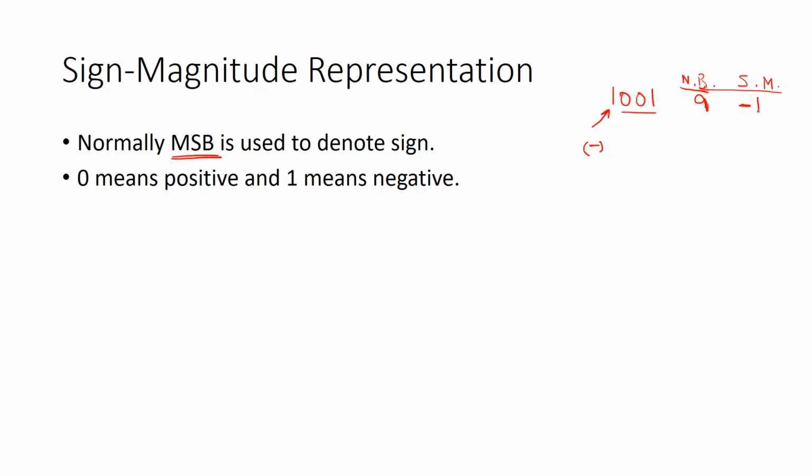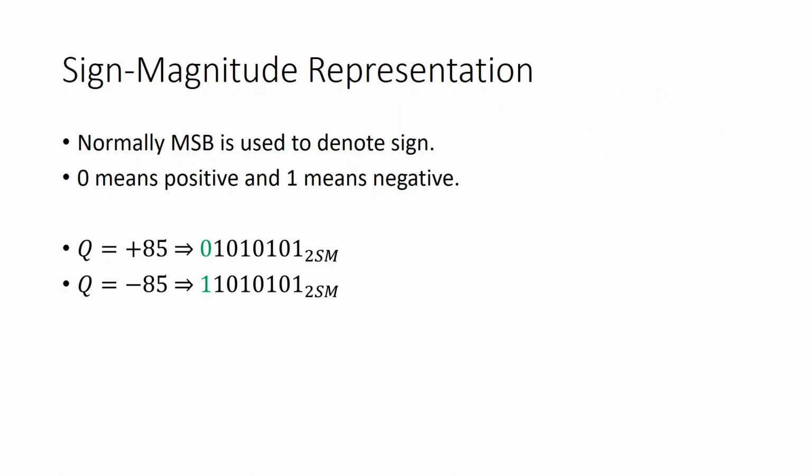So this is minus 1. So this same code, this same number, in normal binary denotes the quantity 9, and in signed magnitude denotes the quantity minus 1. I hope I have been able to get this idea across.